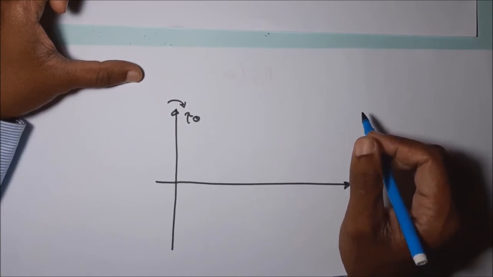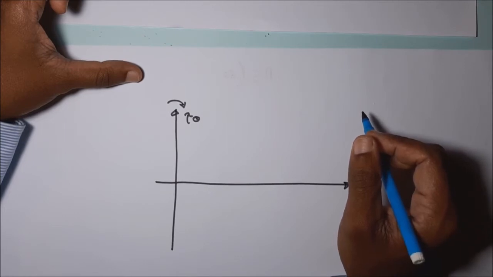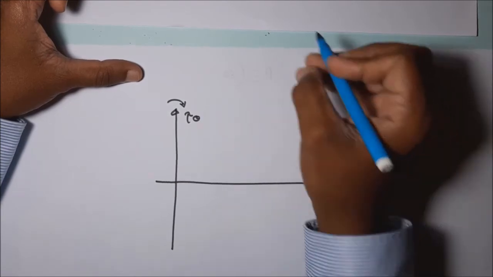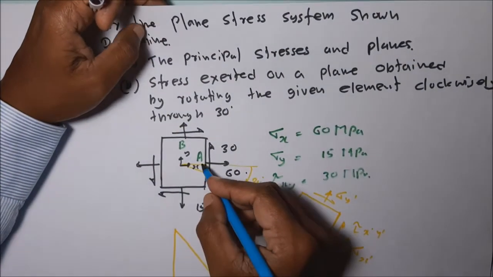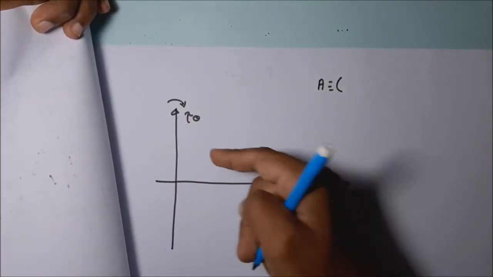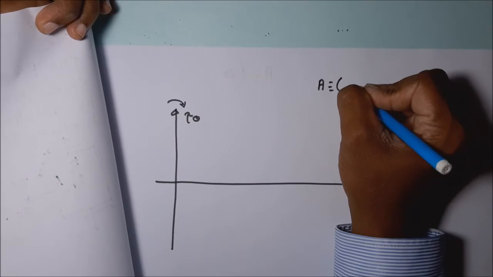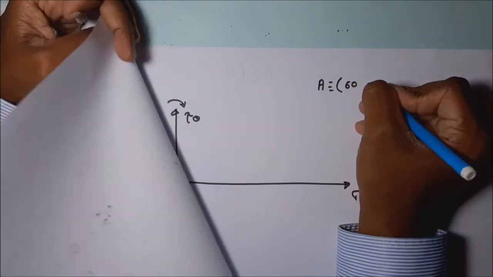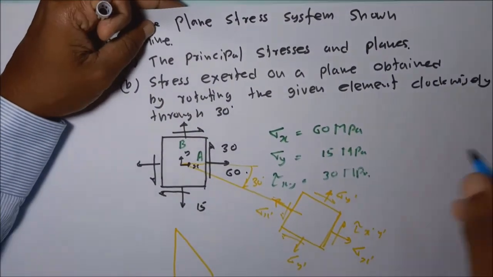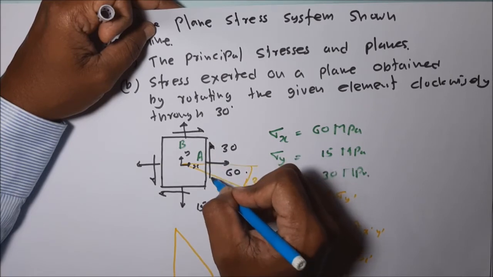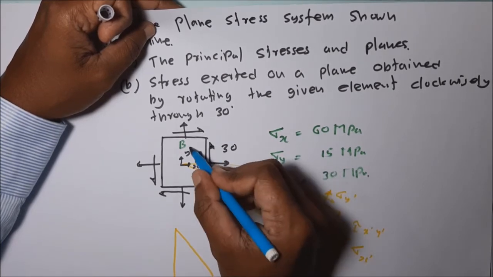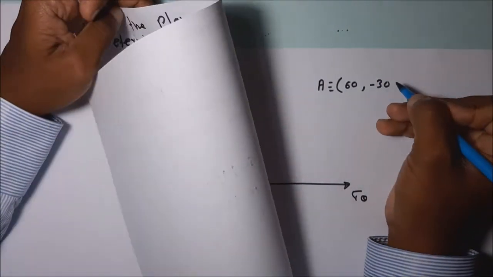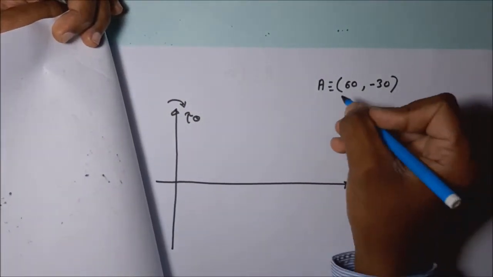Then identify the two perpendicular plane stresses on the stress element, A and B. For A, I am taking this plane. According to the sign convention we assigned for the Mohr circle, the A coordinates are 60 comma, and the shearing stress acting on this A plane is anti-clockwise, so according to our sign convention it should be negative 30.